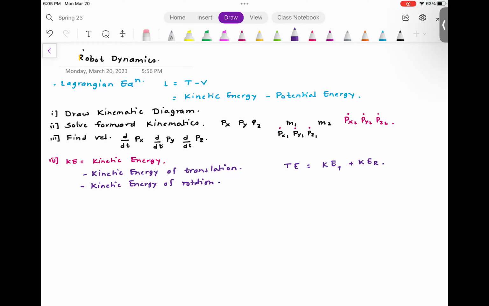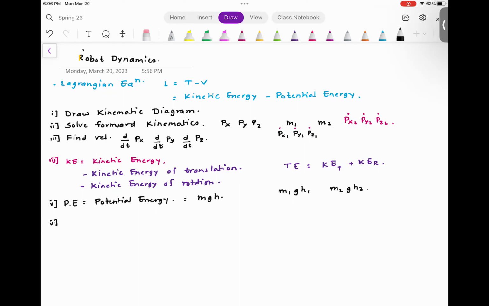Next step is you want to find out the potential energy. And potential energy you will find for each and every mass is given as mgh. So if you have two masses m1 and m2, you will find out m1 g h1 and m2 g h2.